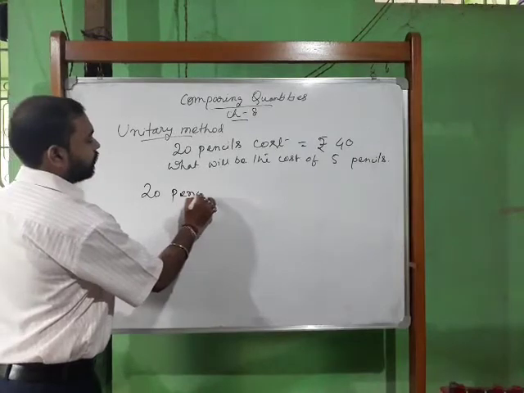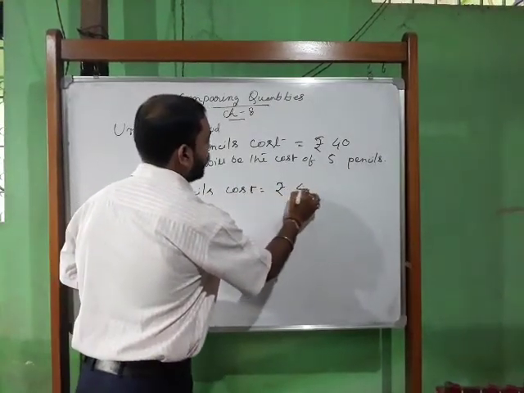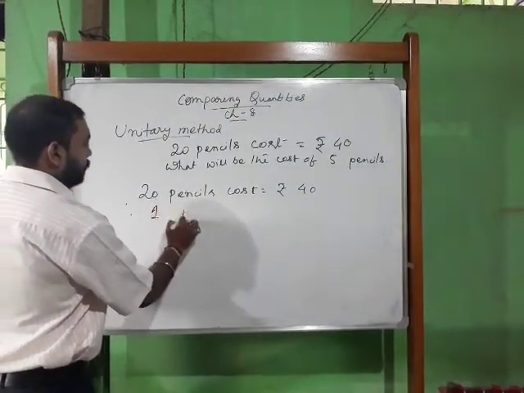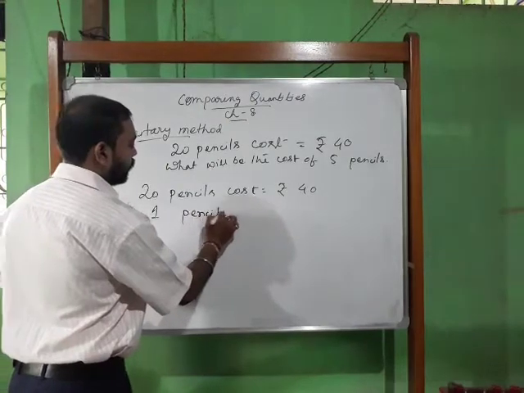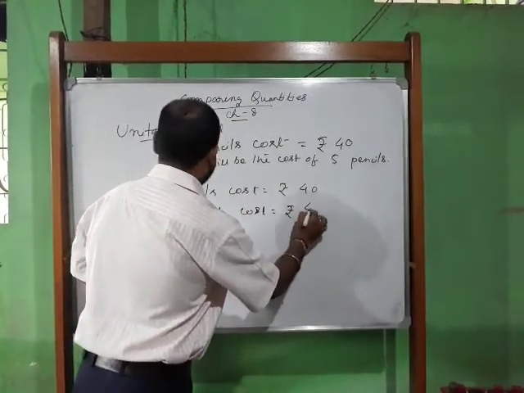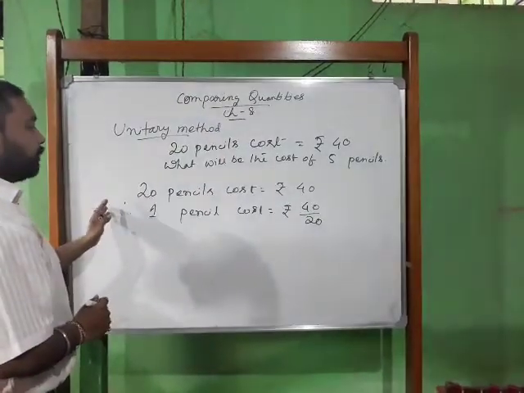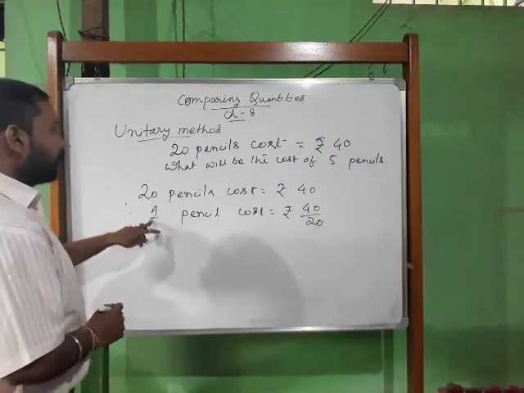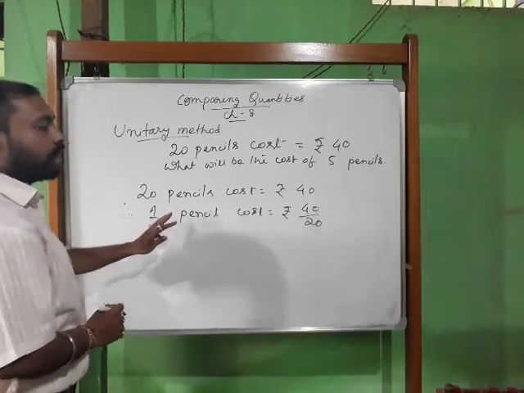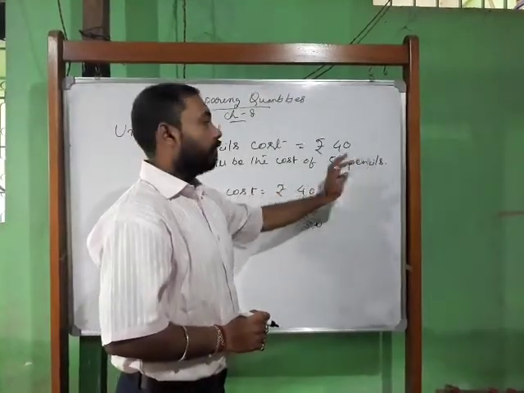20 pencils cost rupees 40. Therefore, 1 pencil costs 40 by 20. This is the unitary method. We have to calculate for 1 unit. You see, from 20 pencils I have come to 1 pencil, that is 1 unit. Then we will go for 5 pencils, the required value.